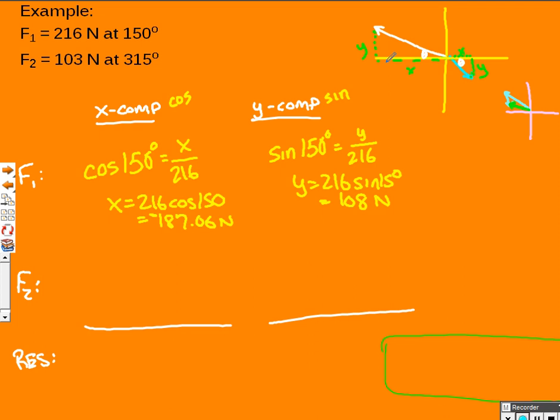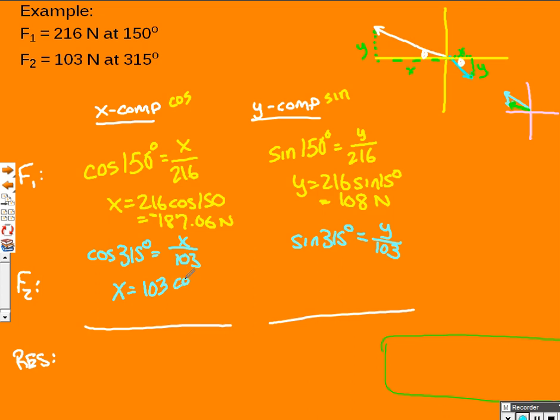Okay, we need to do the same thing for the second force now. So with force number 2, it's the exact same setup. We're going to have cosine of the angle equal x over the force, and sine of the angle equals y over the force that we were given in the original problem. Same thing, values are up high, so you're going to multiply.